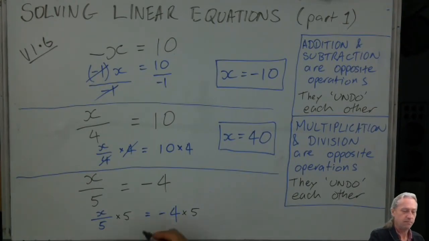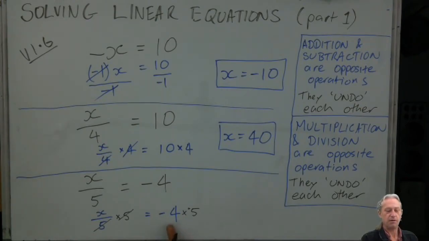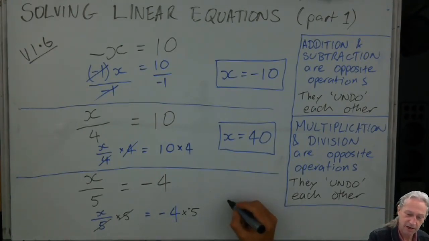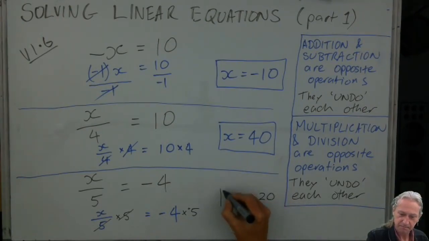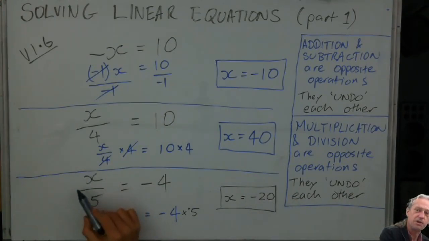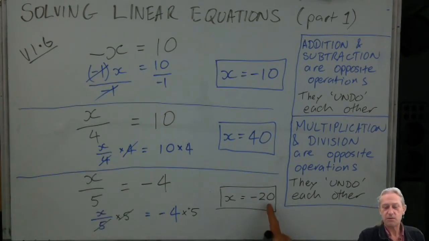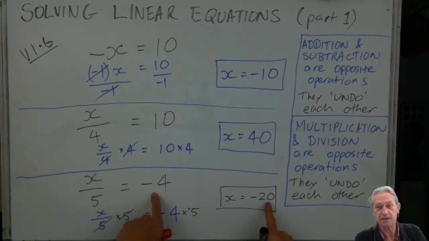Over here on the left we get cancellations, and on this side, don't forget that's a positive. So we've got 4 times 5 is 20, and a negative times a positive is going to give us -20. So our final answer, -20. Just to check, if we were to plug -20 into our original equation, -20 divided by +5 is going to give us -4.